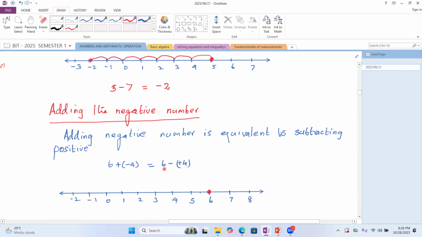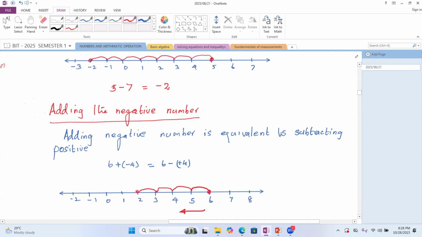So first we start at 6, then we subtract a positive number, so we move in the negative direction 4 units. First unit, second unit, third unit, then 4.